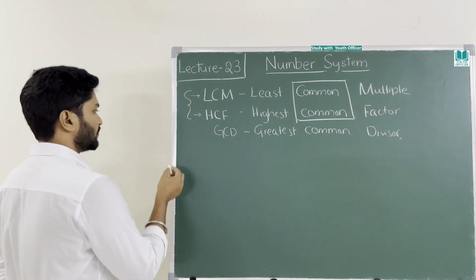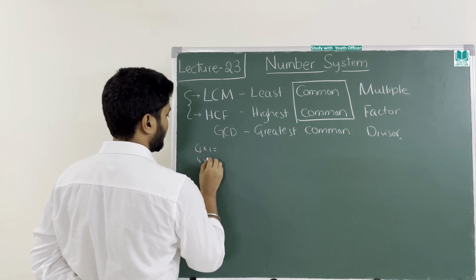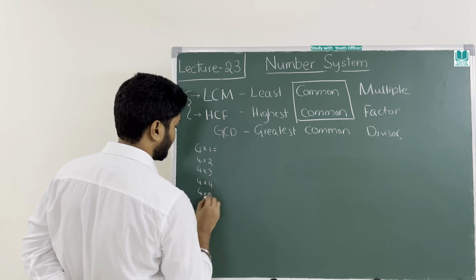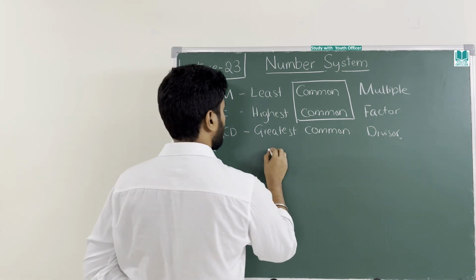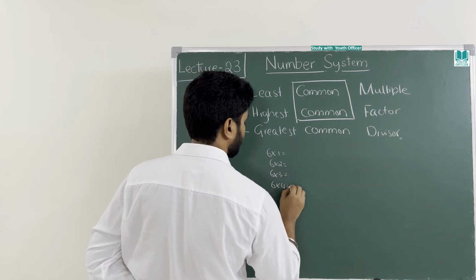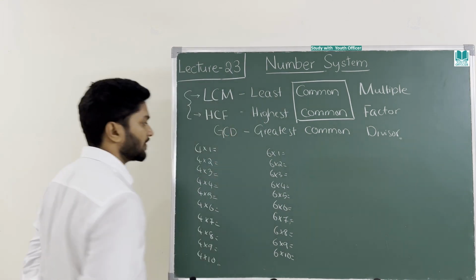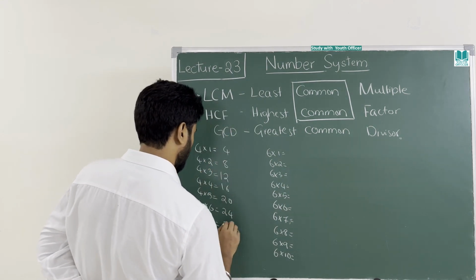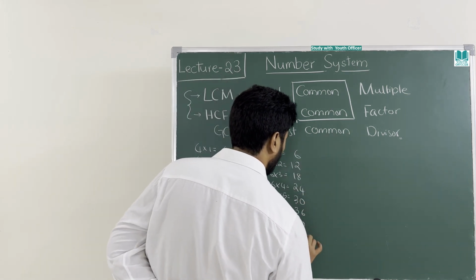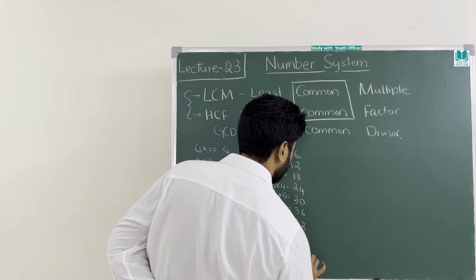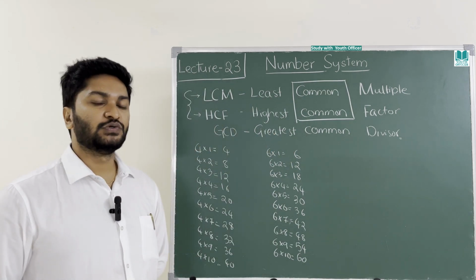We will take two tables, 4 into 1, 4 into 2, and so on, and the table of 6. Right? These are two tables.